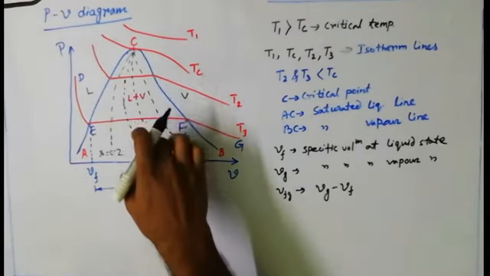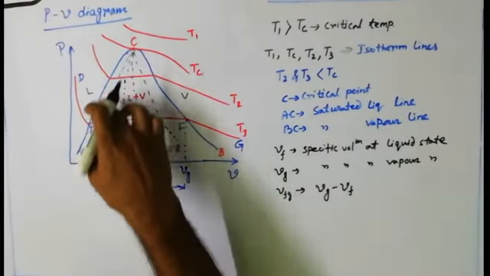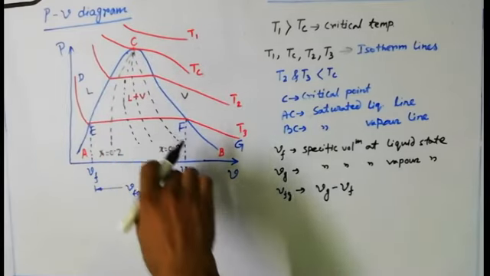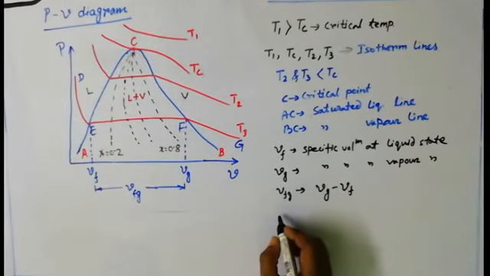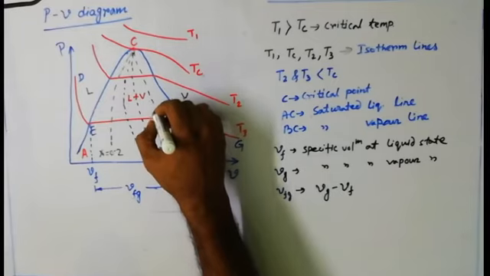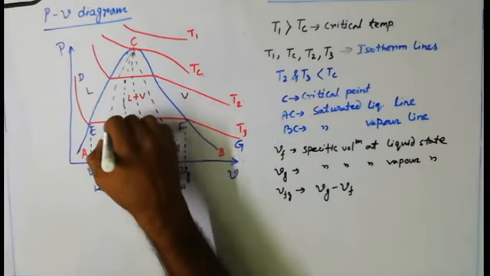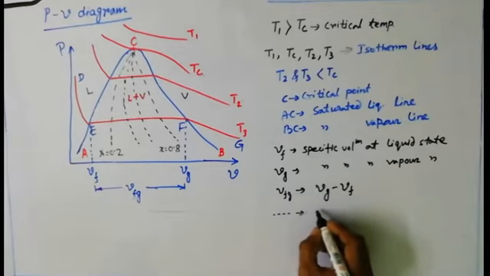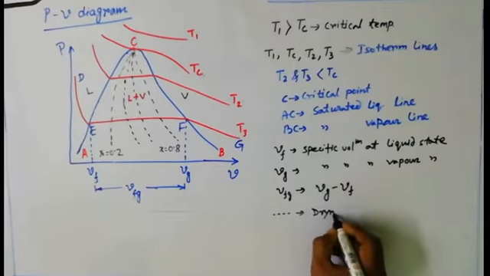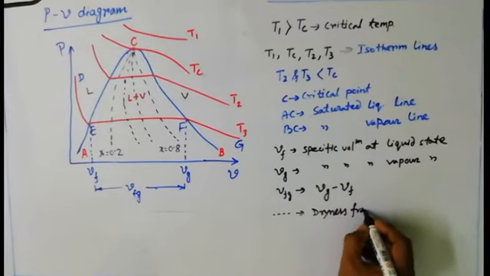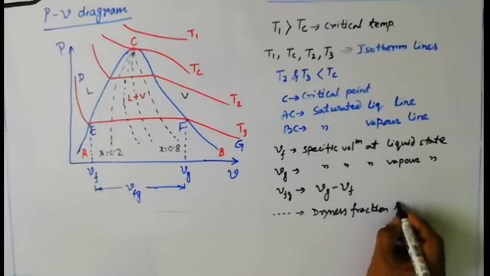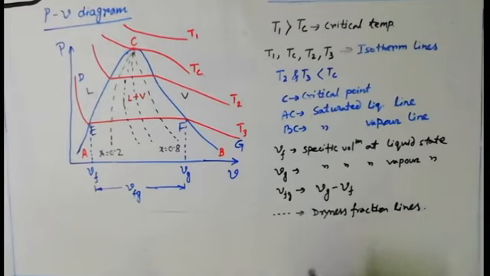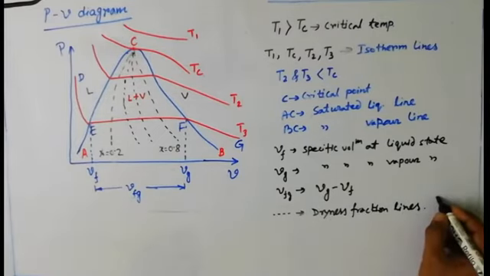And these dotted curved lines, whatever I have drawn from C like this way, are basically dryness fraction lines. I am keeping the symbol here. What is this dryness fraction? It is expressed by x actually.